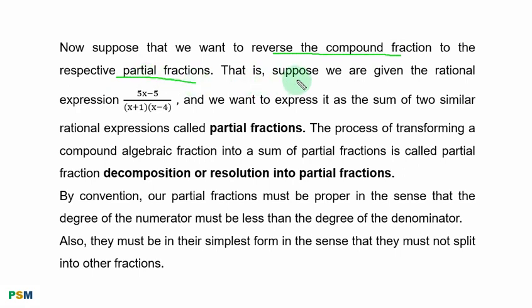That is, suppose we are given the rational expression 5s minus 5 over bracket open s plus 1 bracket close bracket open s minus 4 bracket close, and we want to express it as the sum of two rational expressions called partial fractions.